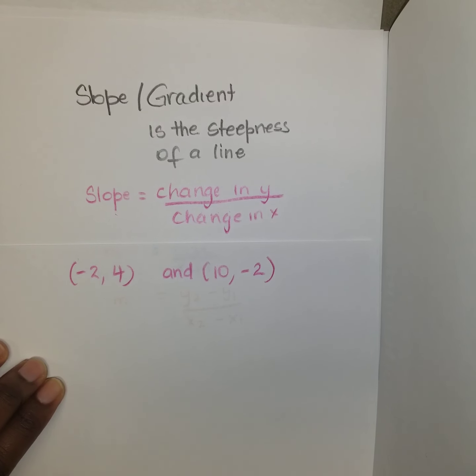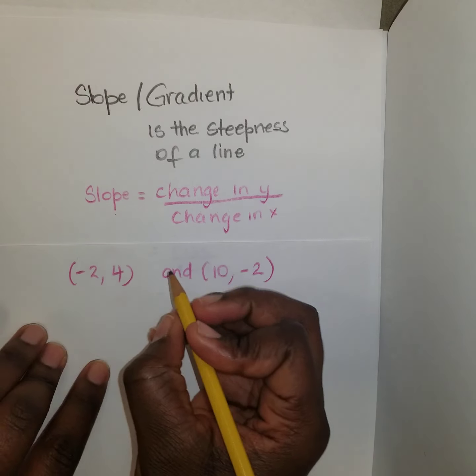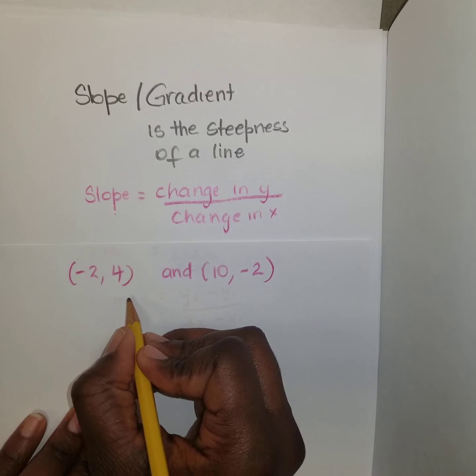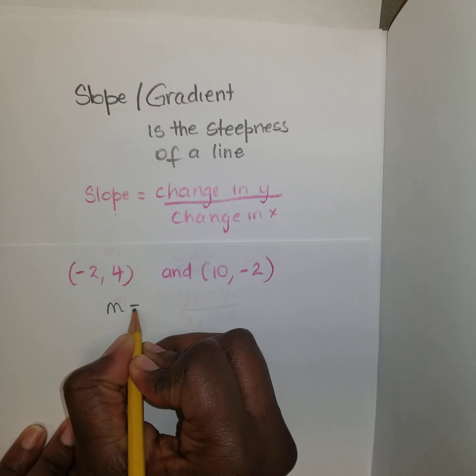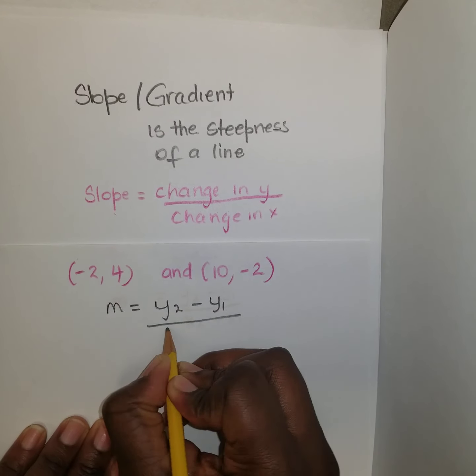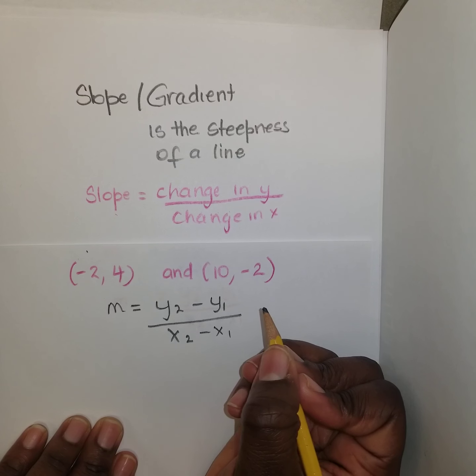All right, let's get right into it. The first thing we do is to label the points. So remember the formula, m is equal to y2 subtract y1 all over x2 subtract x1. So let's go. If you want to, we could rearrange them somewhere.